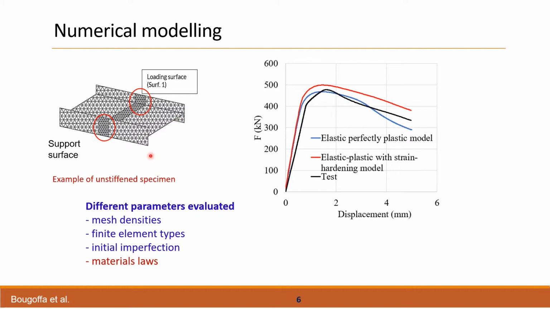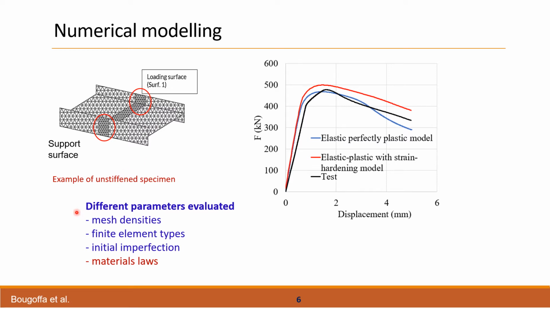The load is controlled in displacement, and it is performed in 2 steps. The first one is based on an Eulerian calculation to define the initial imperfection based on eigenvalues and eigenvectors analysis. And the second part is based on large displacement nonlinear calculation.